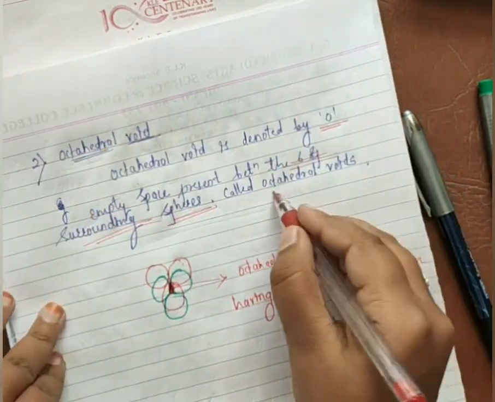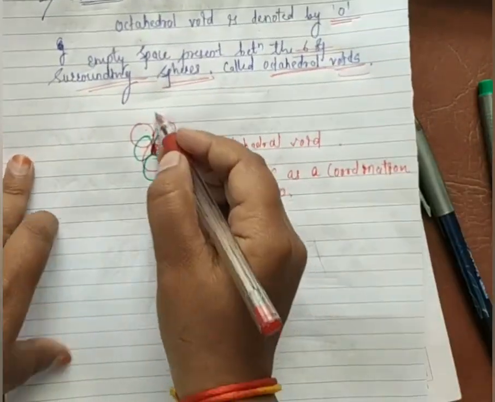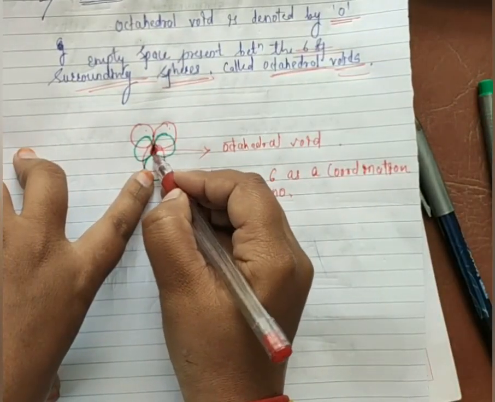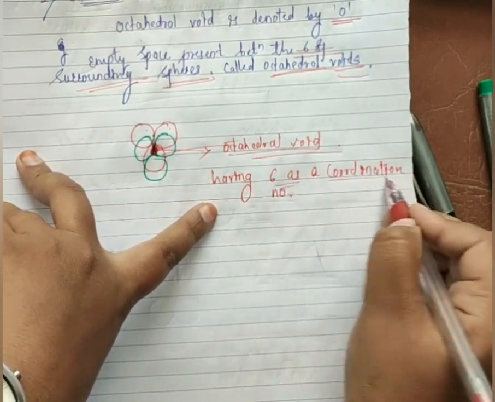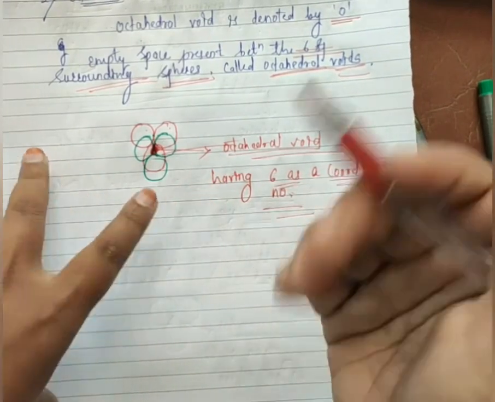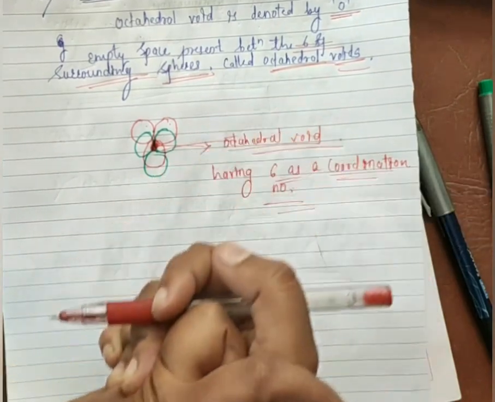We call it an octahedral void, and the arrangement will be like this. This empty space is an octahedral void. It has 6 as its coordination number.